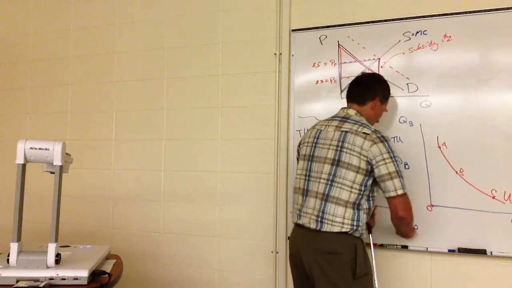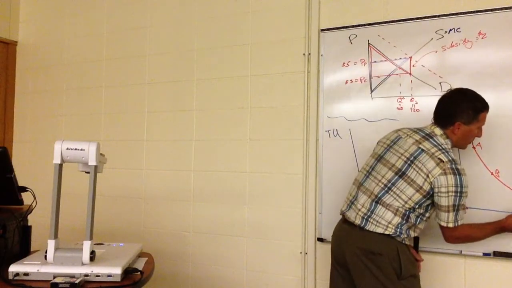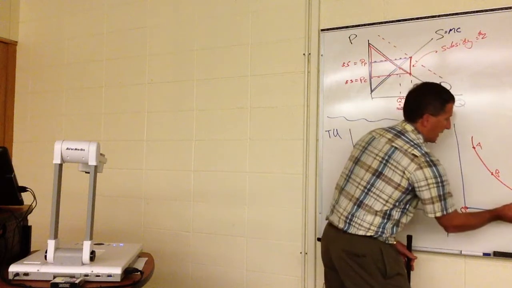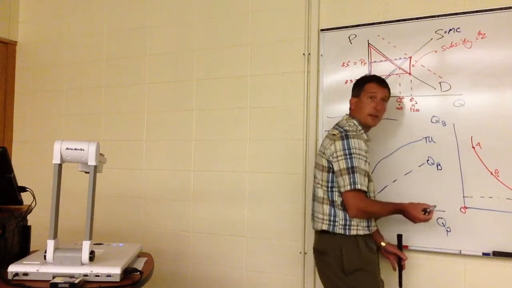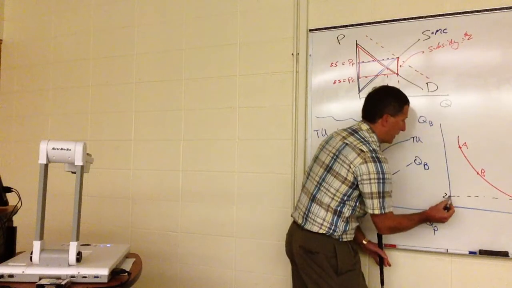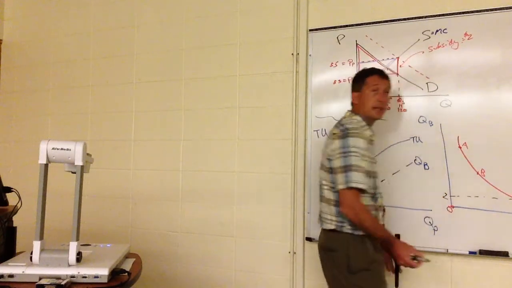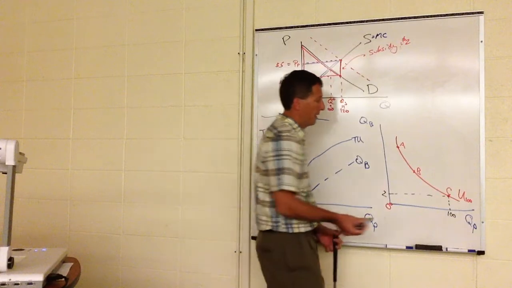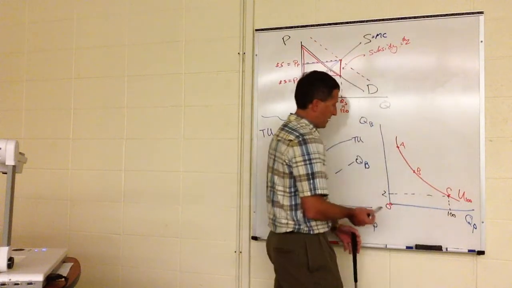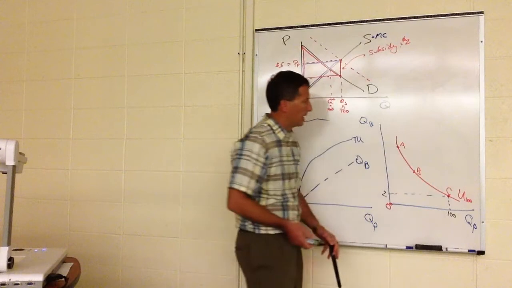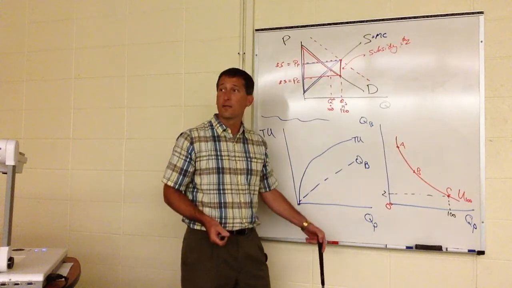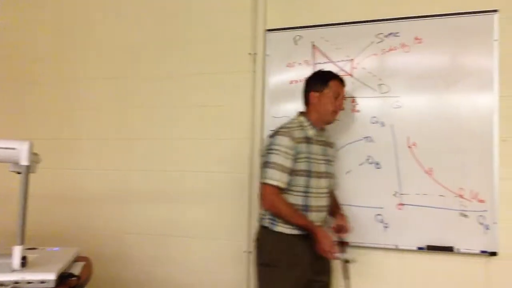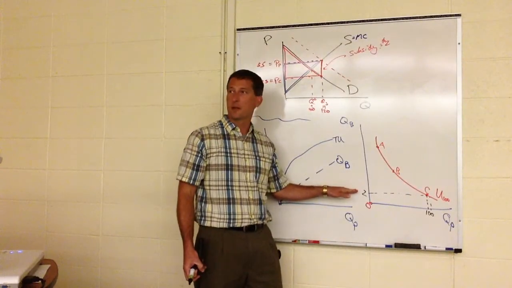So if we're out here at point C, we've got a lot of pizza and we're a little skinny on beer. I've only got a couple beers and I've got 100 pizzas. If you ask me, how many beers are you willing to give up for the 101st pizza? You're like, whoa, man, I only got 2 left, dude. I'm not going to do it.